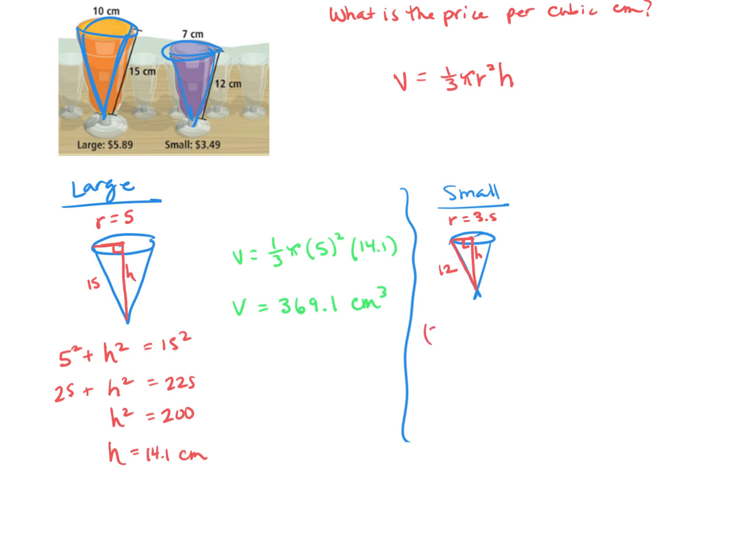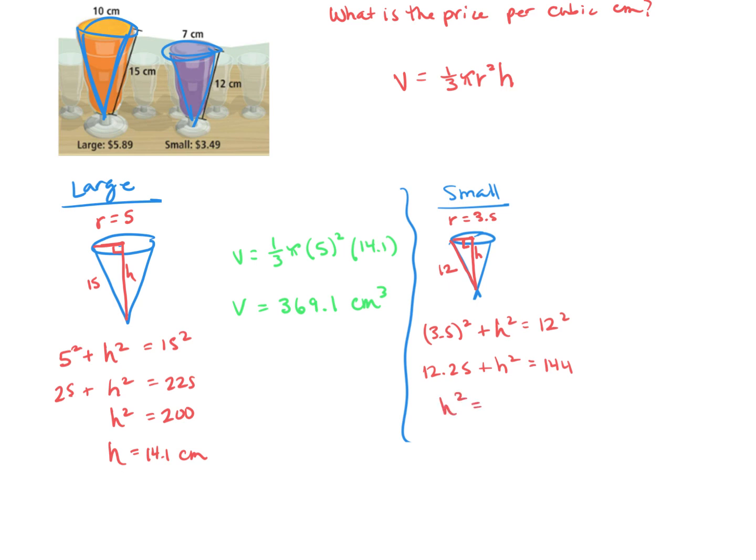So 3.5 squared plus h squared equals 12 squared. 3.5 squared is 12.25 plus h squared equals 12 squared, which is 144. Let's subtract 12.25 from both sides.